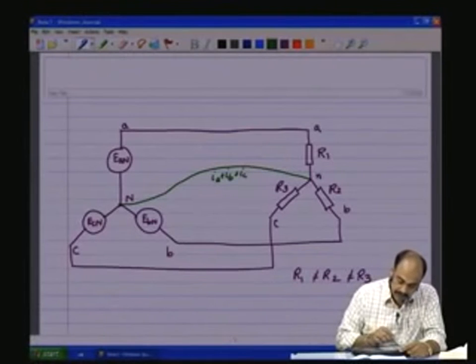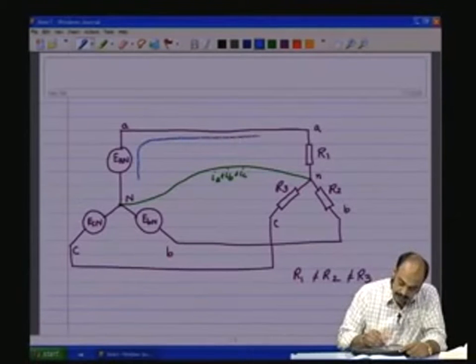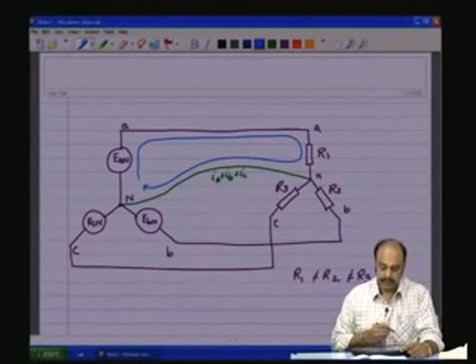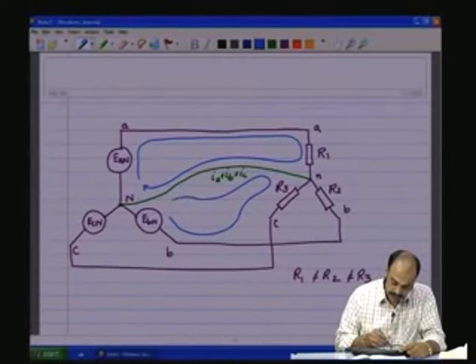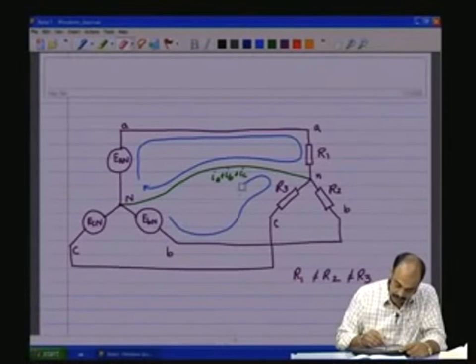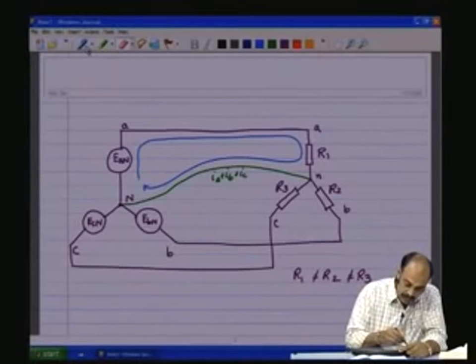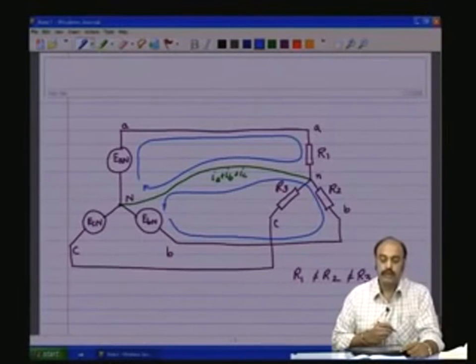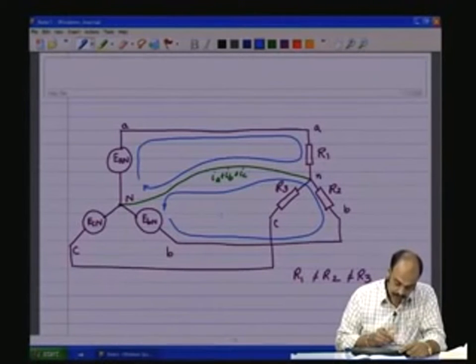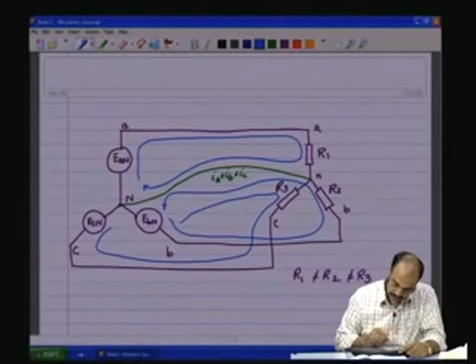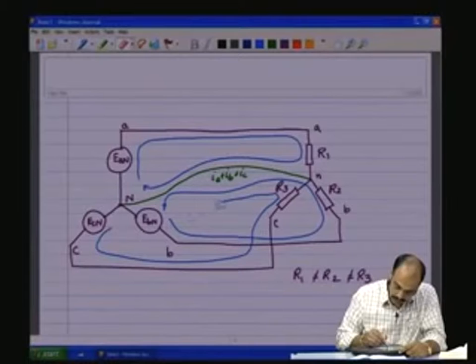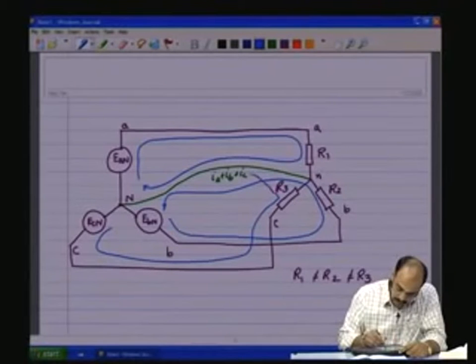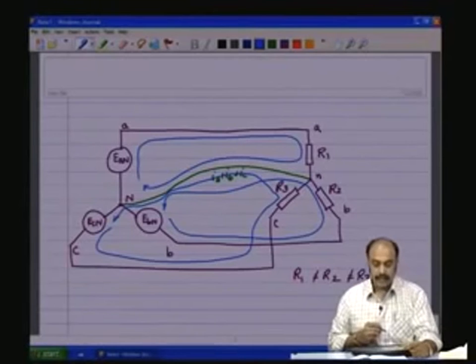When such a connection is made, then EAN and its single phase load becomes an independent circuit, EBN along with its load is another independent circuit, and ECN along with its load becomes another circuit.